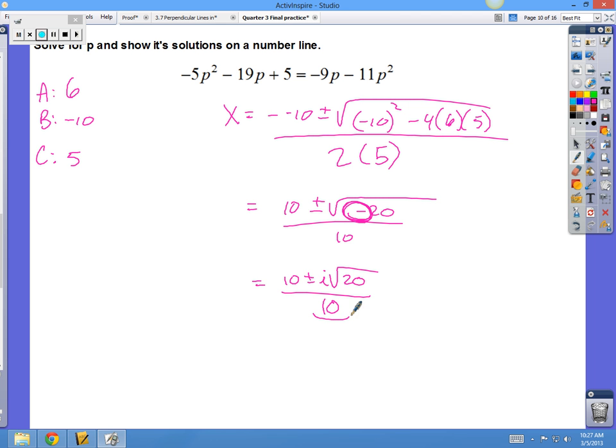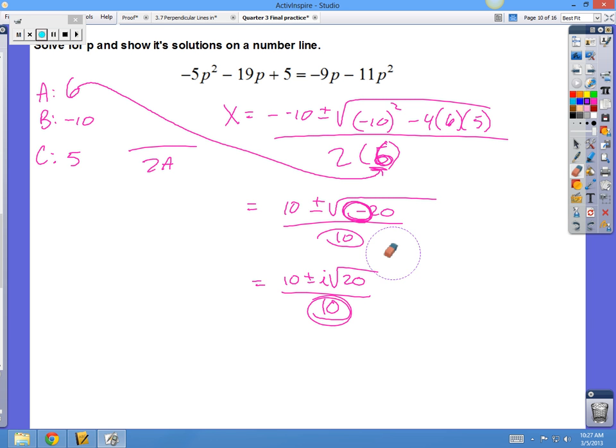I don't think this is 10. I don't think that's 5. So we should have all over 2A, and A is 6. Gosh dang it. So, should be 12. But I think everything else looks pretty good. So I just got to change that 10 to a 12 on the bottom.